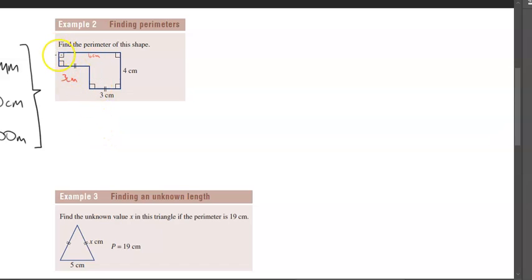I don't know what each one of them are individually, but I know if I add these 2 together, they have to give me 4 centimeters. They have to, because if the length here is 4, then those 2 smaller lengths have to give me 4 as well. So we can just use a placeholder of x and y, and we know that x plus y has to give me 4 centimeters.